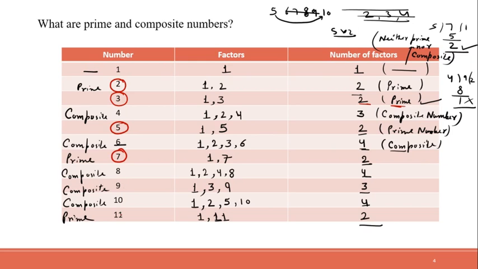Then come to 11, because 8 is having 4 factors, 9 is having 3, and 10 is having again 4 factors. So this 11 is again having 2 factors. So in this table I can say that only 2, 3, 5, 7 and 11 are prime numbers.